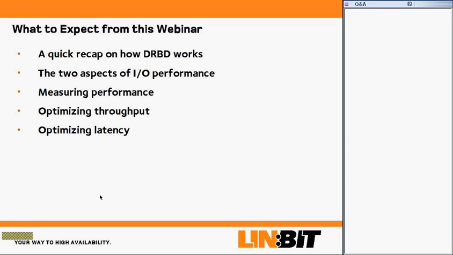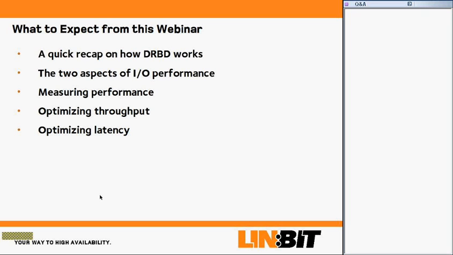We're going to show you some very nice and handy micro benchmarks that you can utilize on your systems in order to measure DRBD performance very reliably and very easily. And of course, we're going to give you some hints and tips for optimizing throughput and optimizing latency for your DRBD setup and for your high availability application.